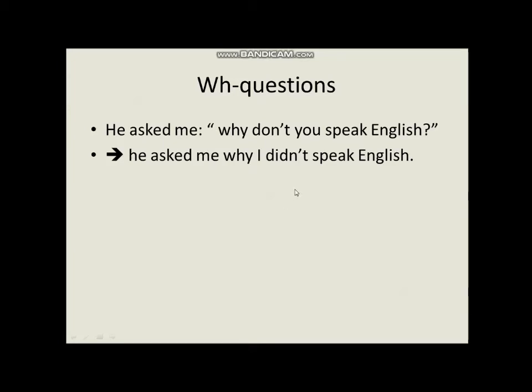So let's see the changes that we did. The first thing, it's the same changes as in reporting statements. Same changes. If you notice, the tense went one step back in time, and also we changed the pronoun, but we kept the WH word.